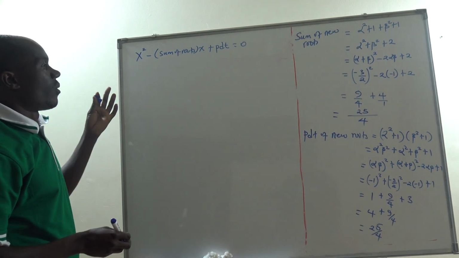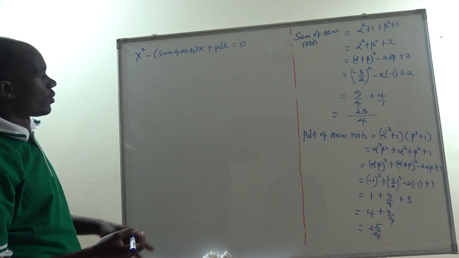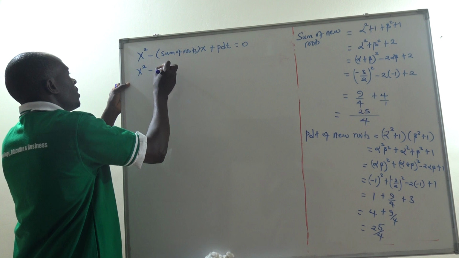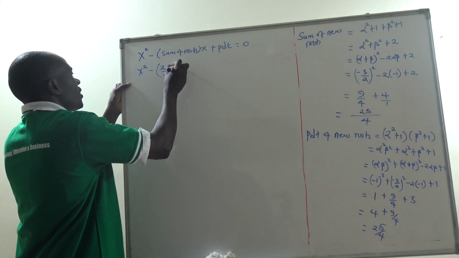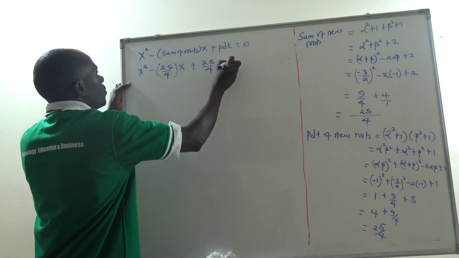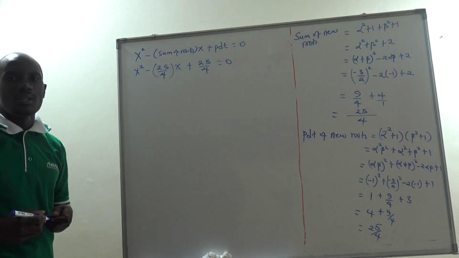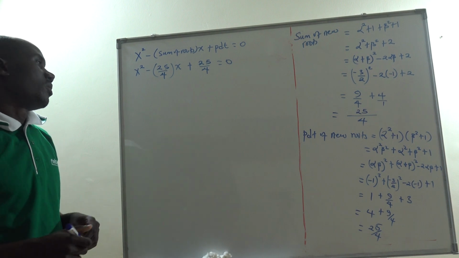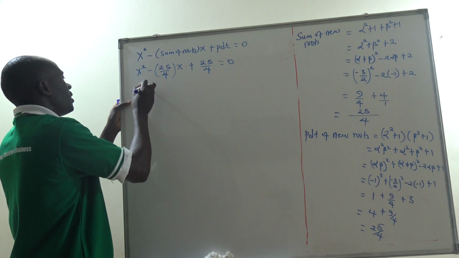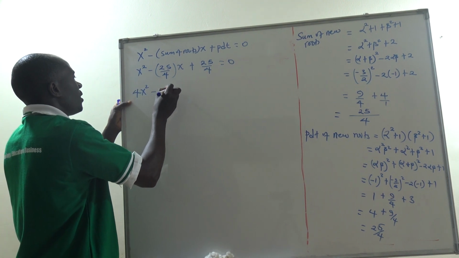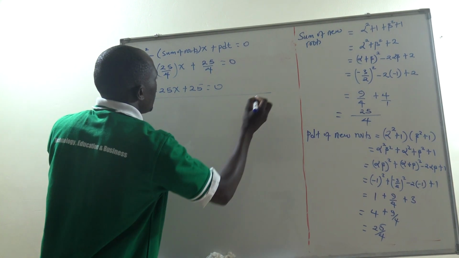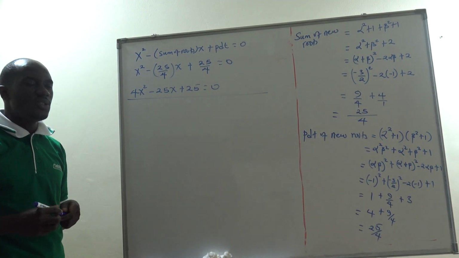So do we know our sum of the roots is already 25 out of 4. So we are getting x squared minus 25 out of 4 x plus also our product is 25 out of 4 equals 0. So what is the LCM? The LCM is 4. Multiply out by 4 throughout. So we are getting 4x squared minus 25x plus 25 equals 0. Then there you have already achieved your answer.